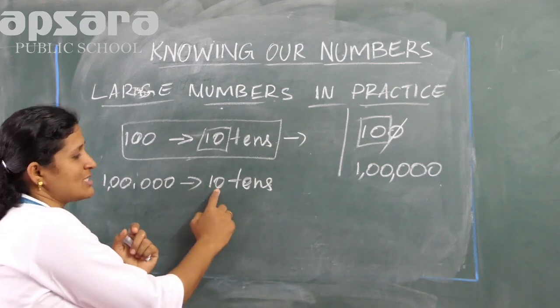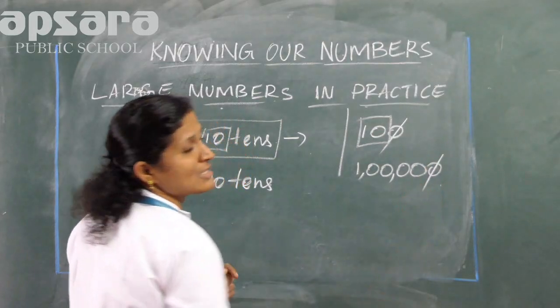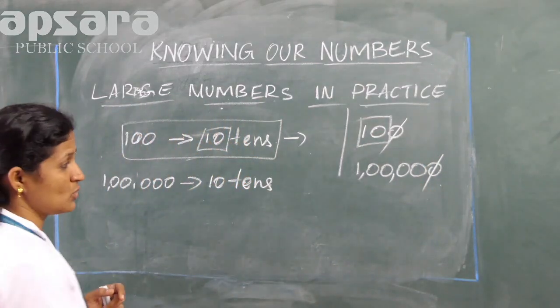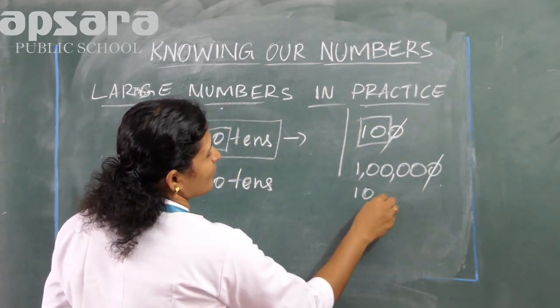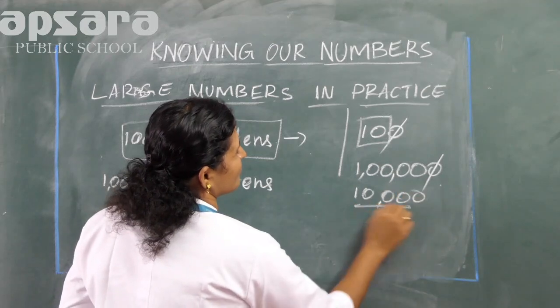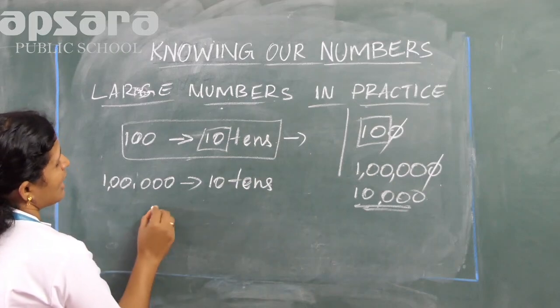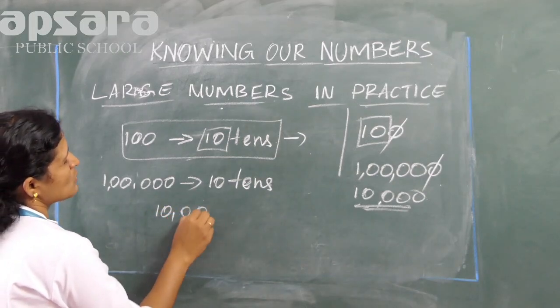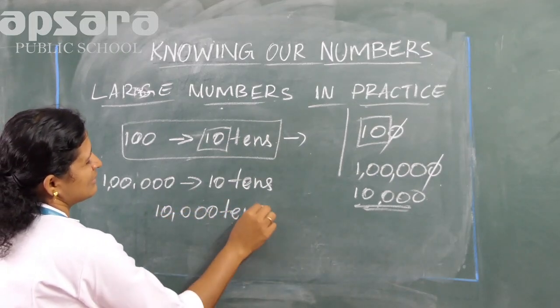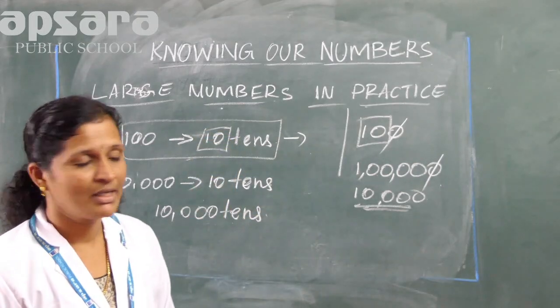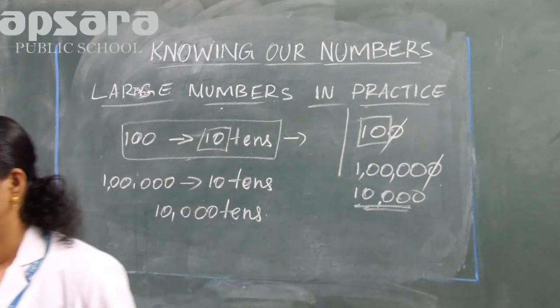So how many zeros in 10? 1 zero. Cancel that zero from 1 lakh. So what is our answer? 10,000. Okay, so how many tens in 1 lakh? 10,000 tens. Is it clear? Let us take one more example.